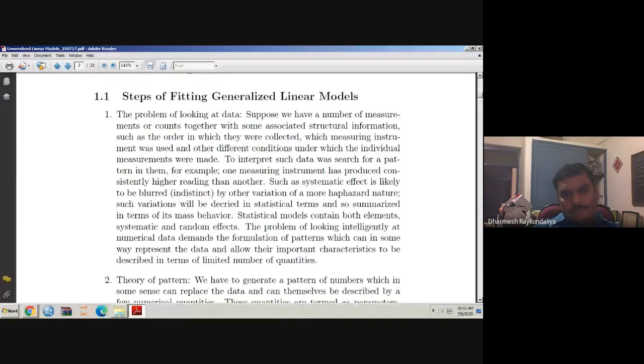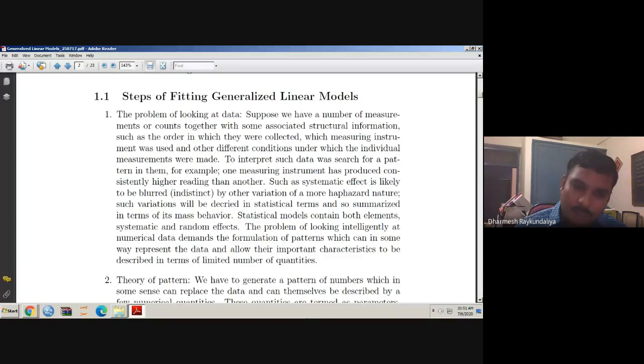So, how to fit the generalized linear models? As I earlier discussed, for the same data, you can apply different approaches. For the same data, you can develop different models. But before applying the generalized linear models, we have to understand the nature of the data.